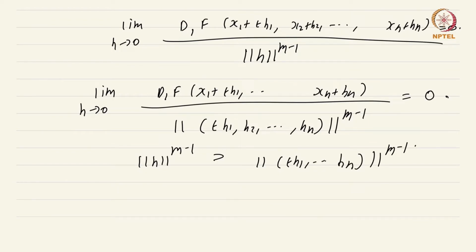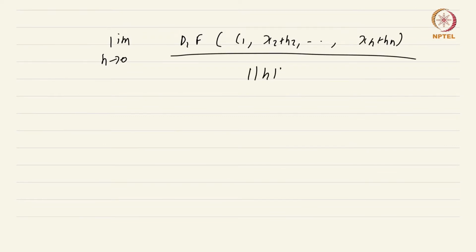This is a larger quantity because 0 is less than t is less than 1. So therefore we have limit h going to 0 of d1 f c1, x2 plus h2, comma dot dot dot xn plus hn, by norm h power m minus 1 equal to 0 as claimed.